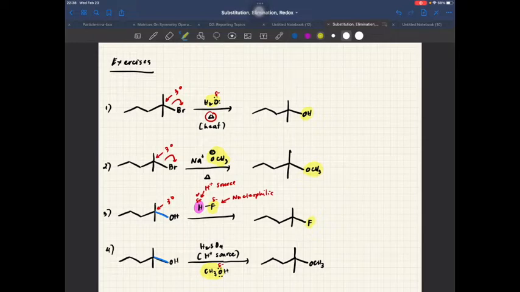So this one will attack the carbocation and finally attach itself to the carbocation to form the ether product provided herein.